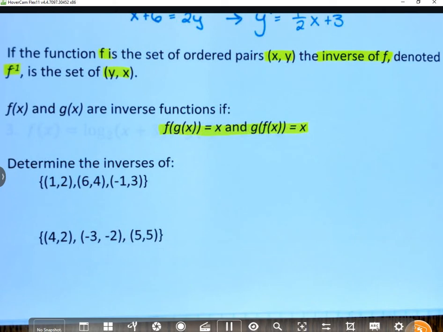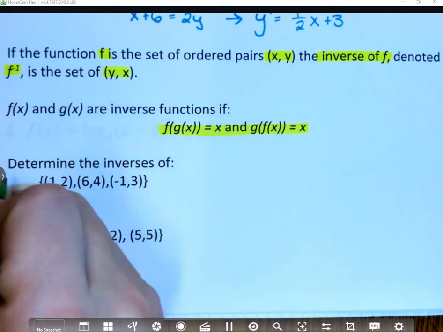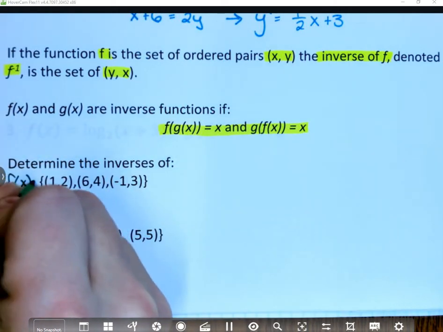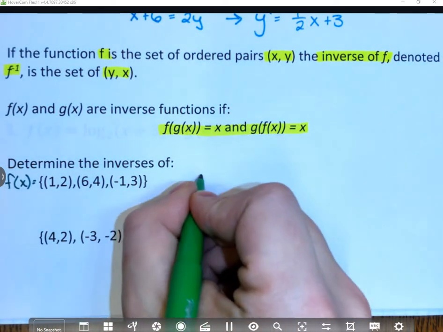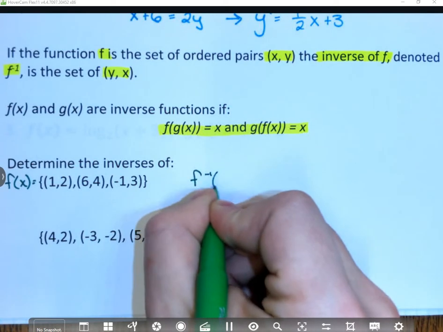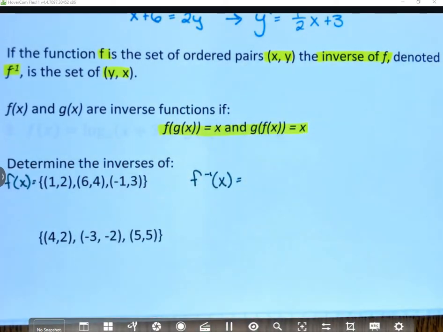I'll give you a chance to go ahead and write these down, because I know I move a little quickly sometimes. So if this here is f of x, what would I do for the inverse?